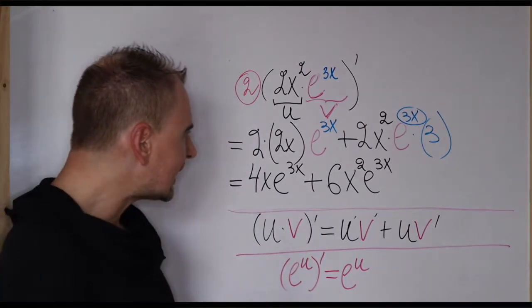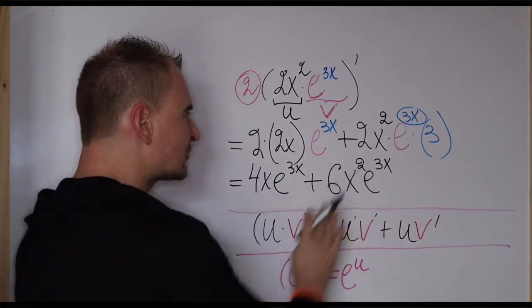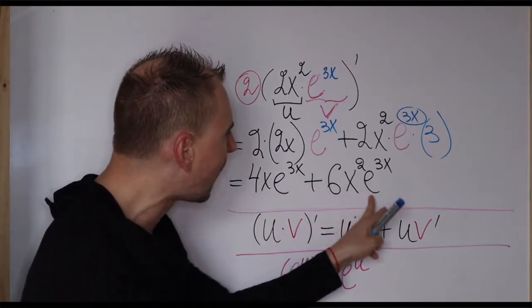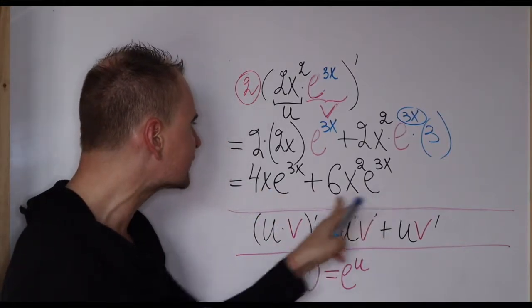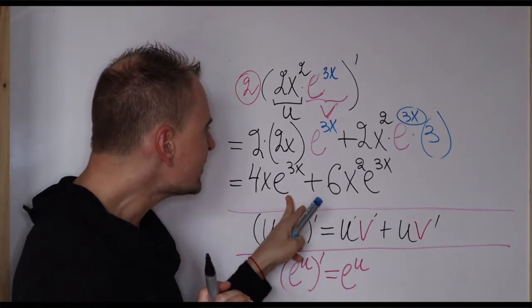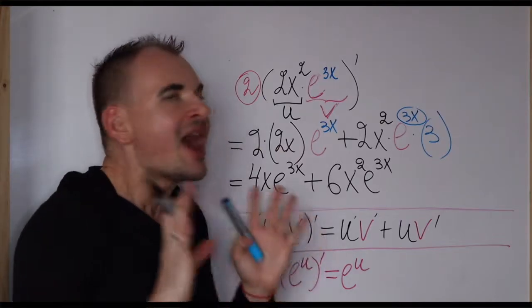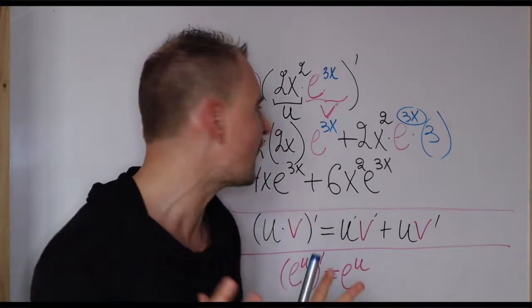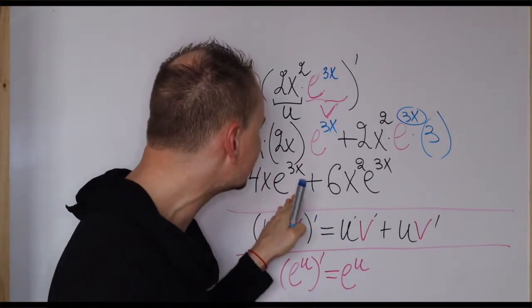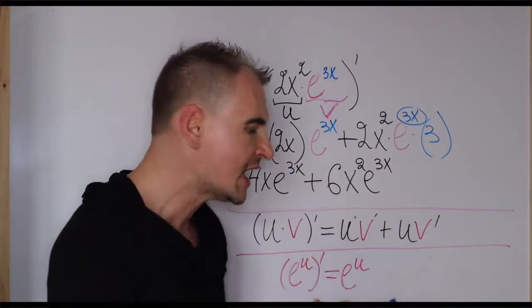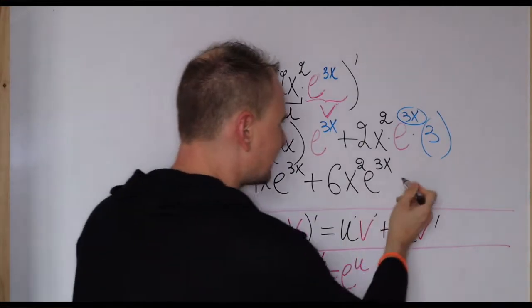And we're technically done again, but look at these two terms. 2x appears in both terms. Also e to the 3x power. Both of these terms have this greatest common factor, namely 2x times e to the 3x, that can be pulled out in front of your expression.